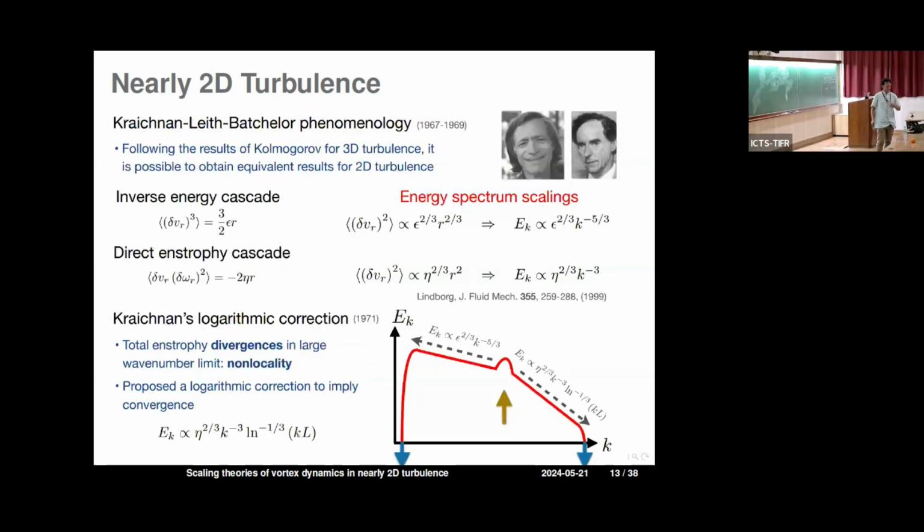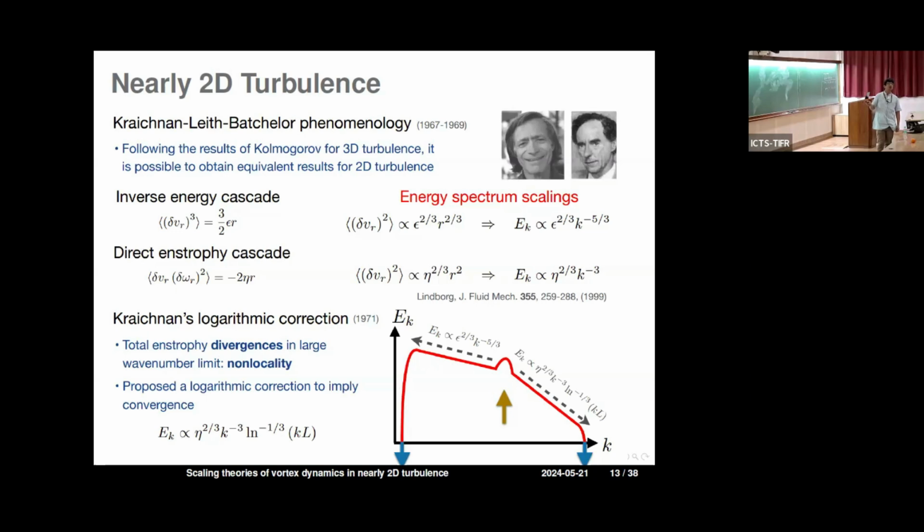And with that inspiration from K41, Batchelor first attempted to get results in terms of structure functions for velocity and also enstrophy. He figured out that there is a direct enstrophy cascade at higher wave numbers, and an inverse energy cascade, where bigger and bigger structures develop at smaller wave numbers.